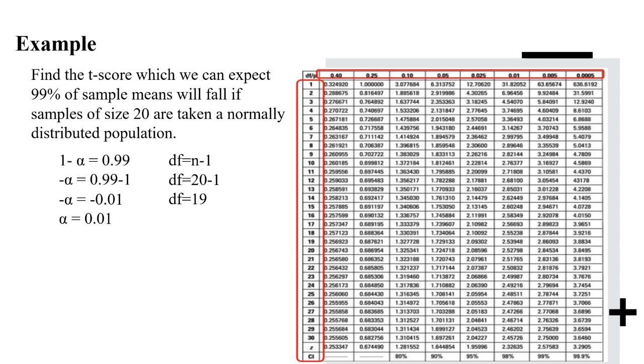To find the required t-score, move down the first column of the t-table until you get 19, which is the degree of freedom. Move across the row containing this entry until you get the column with heading of alpha equal to 0.01.